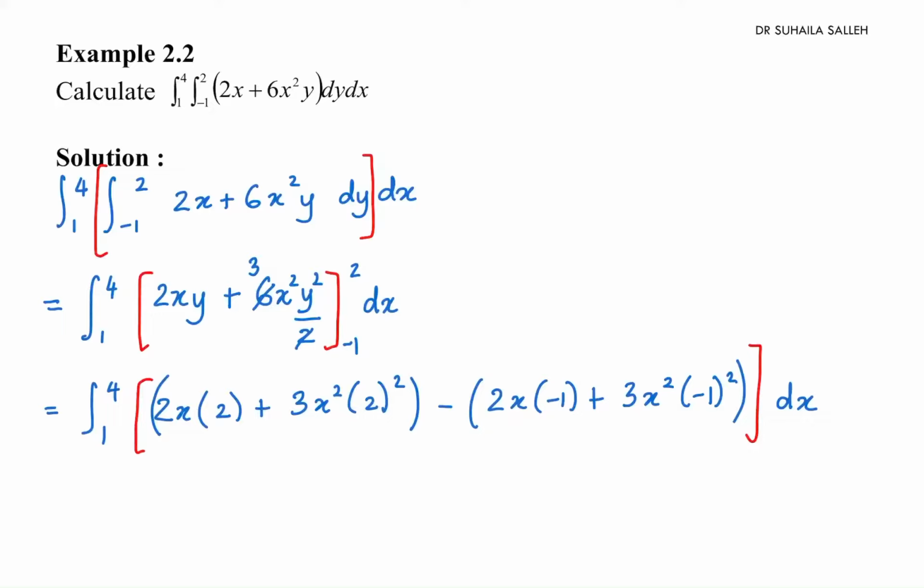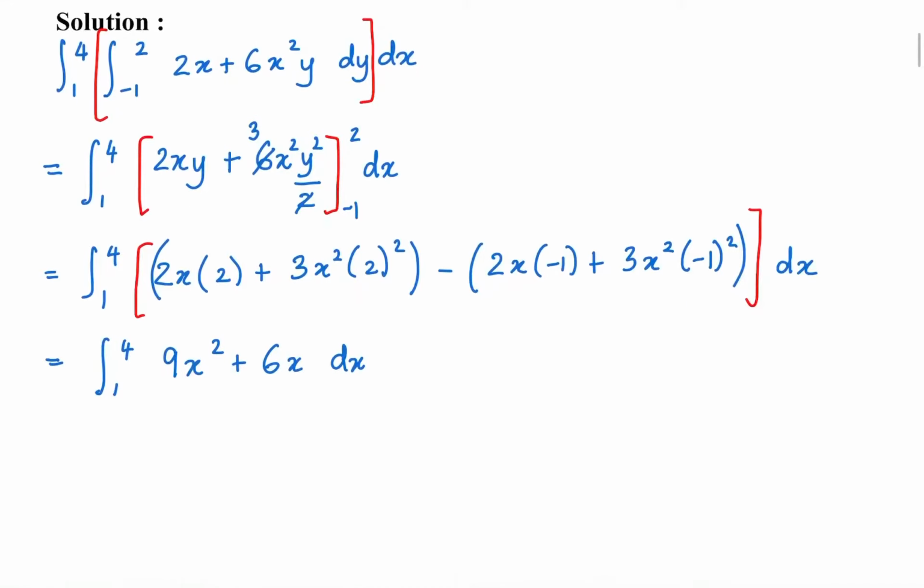Alright, so next bit, simplifying. So still we have to have our integral from 1 to 4 of dx. So now this becomes 9x squared plus 6x dx. So integrating, that will be 3x to the power of 3 plus 3x squared.